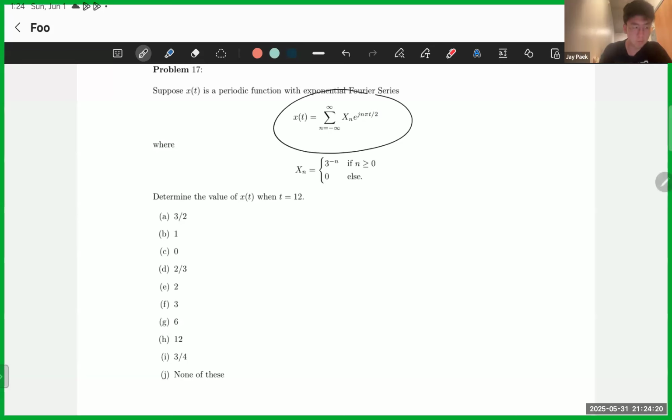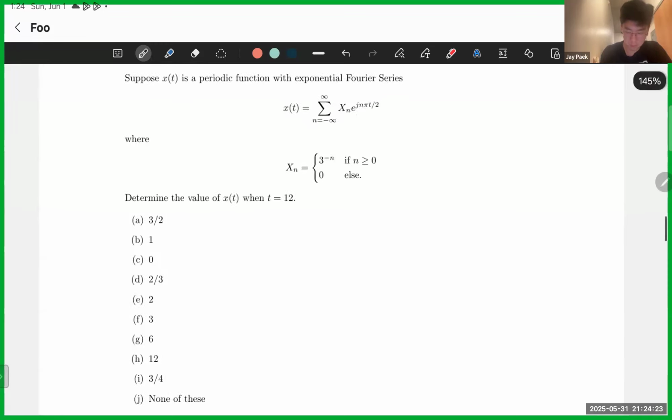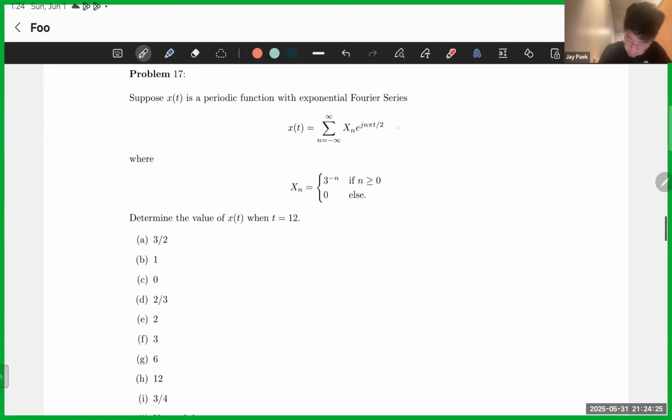I want to look at x of t and see what its period is. I want to get as much information as possible. We know that the Fourier series comes in the form x_n e to the j n omega naught t.